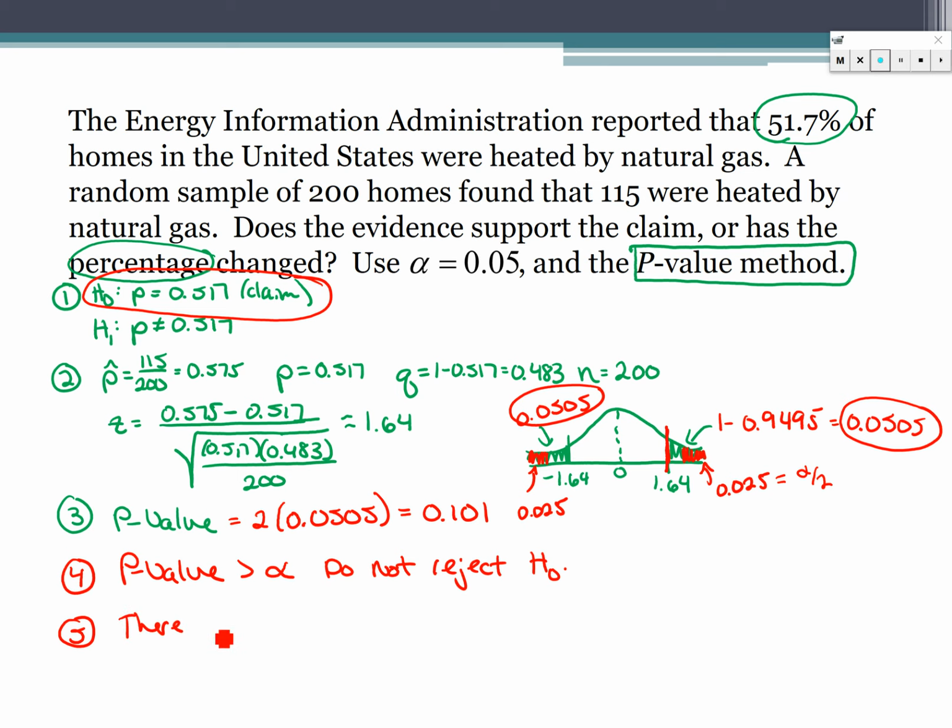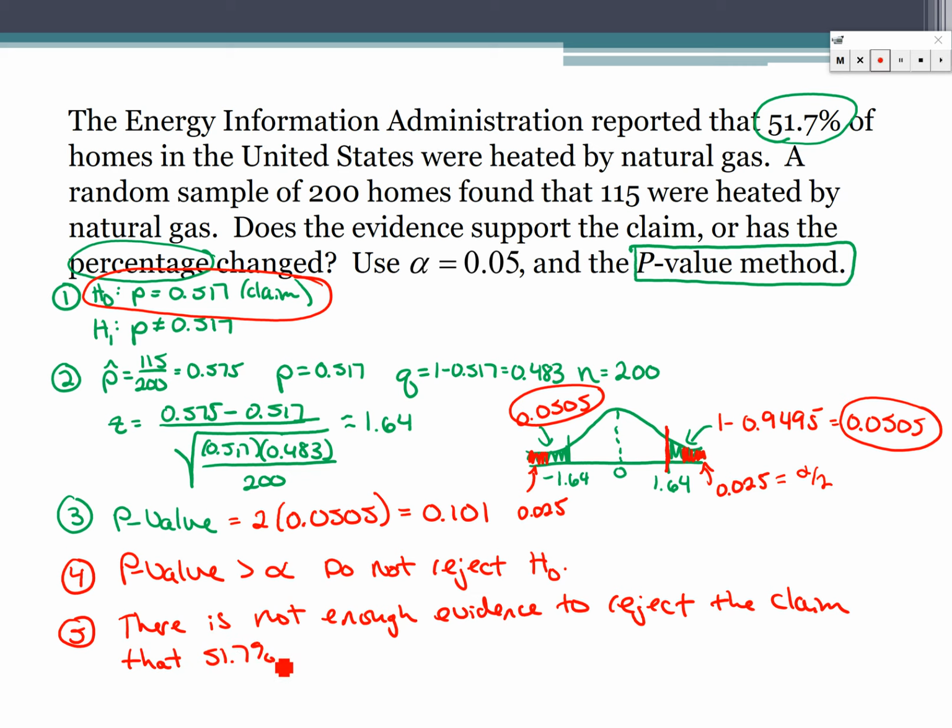So there is not enough evidence to reject the claim that 51.7% of homes in the U.S. were heated by natural gas.